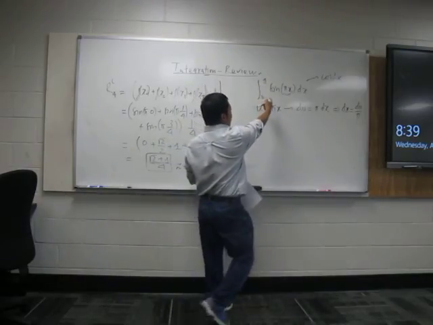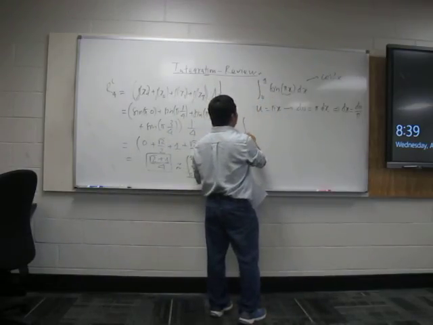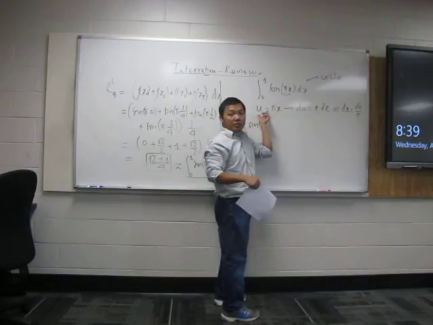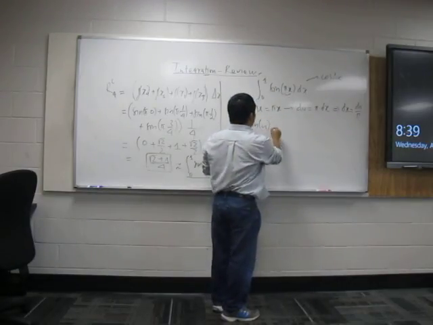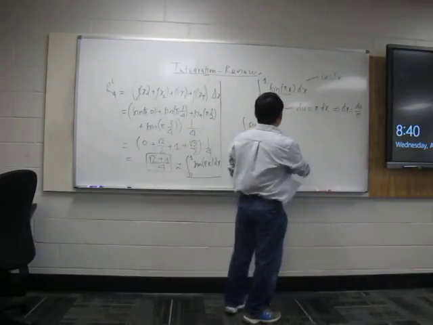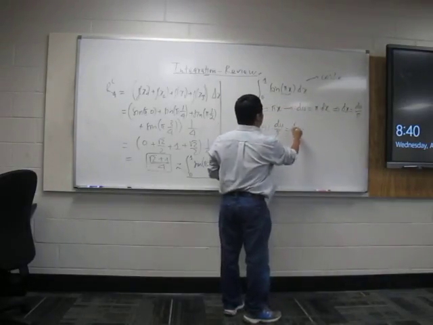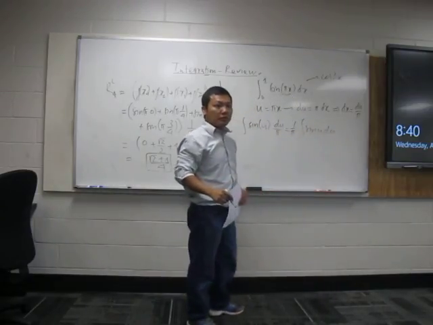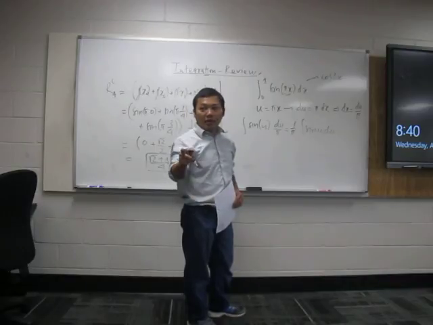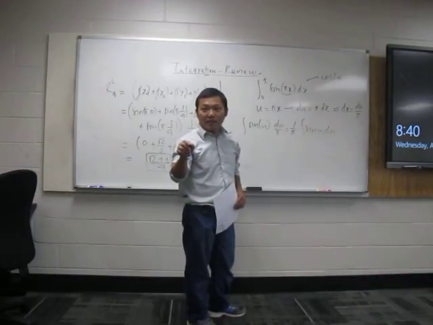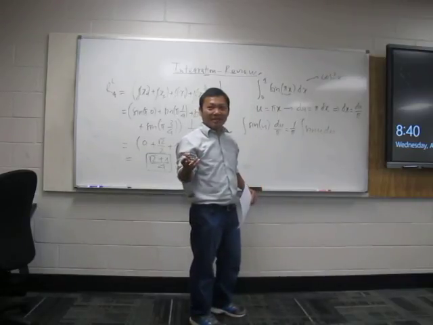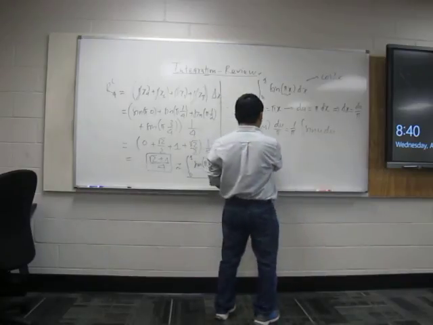Then you rewrite the original integral without integral limits. We have sine u, and dx is equal to du over pi. So you have 1 over pi times the integral of sine u du. What is the antiderivative of sine? Negative cosine.